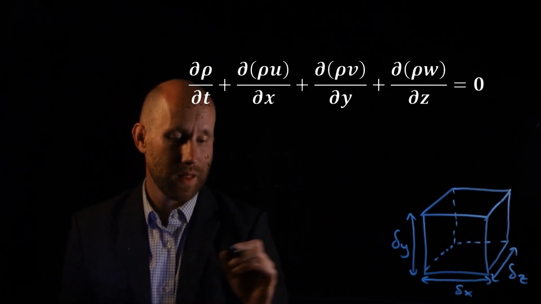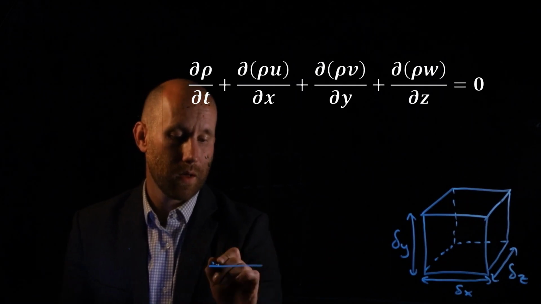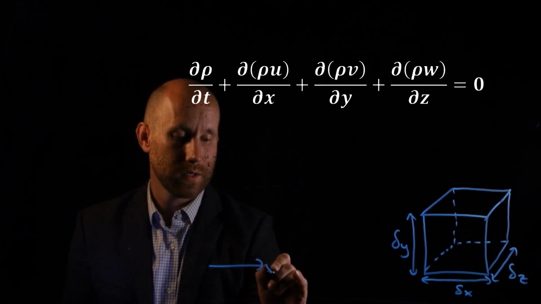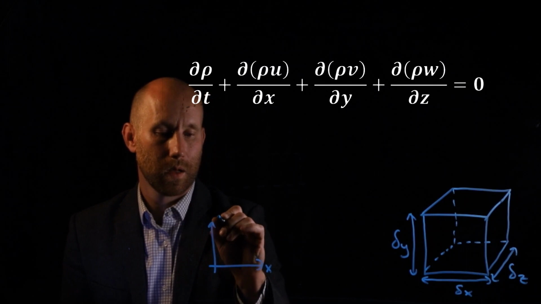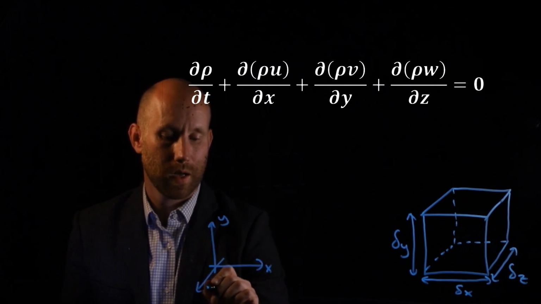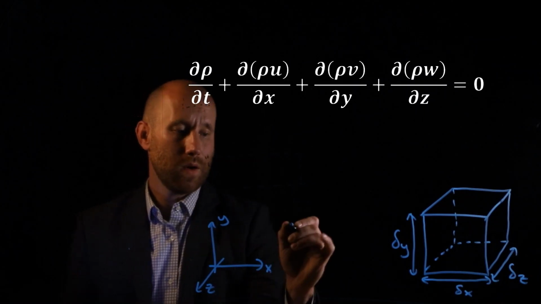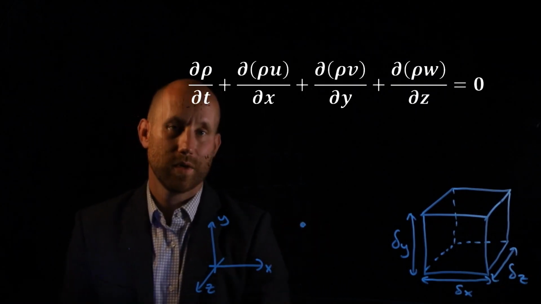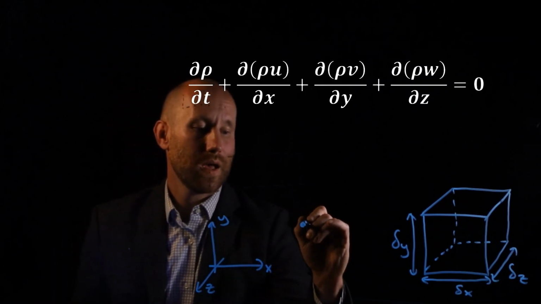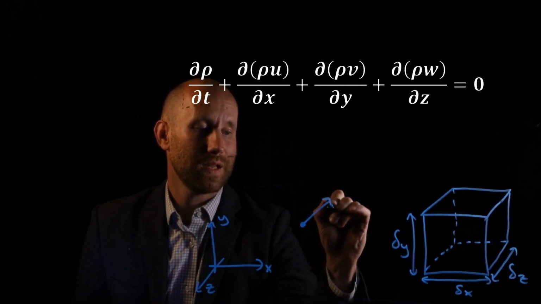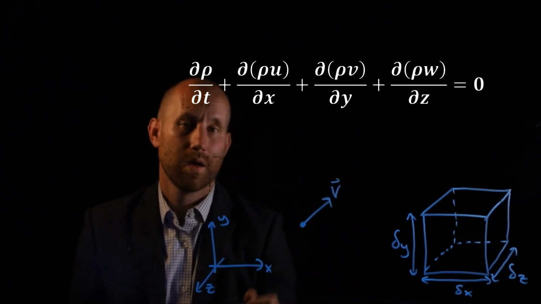And so let's say that we have our Cartesian coordinate system, which is defined by x, y, and according to our right-hand rule, z. We know that any chunk of fluid, if we look at that region right there, could have a velocity. That velocity is a vector, right?